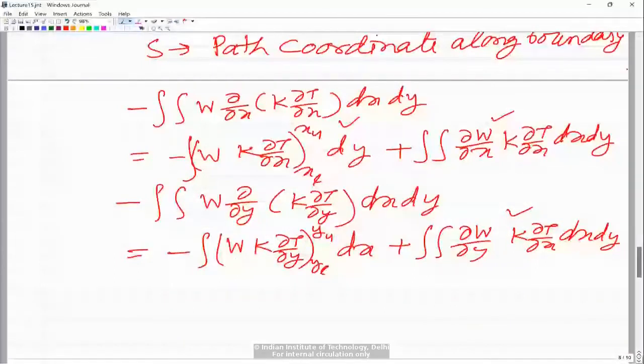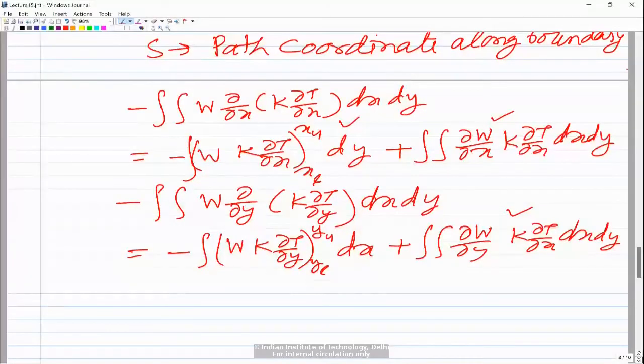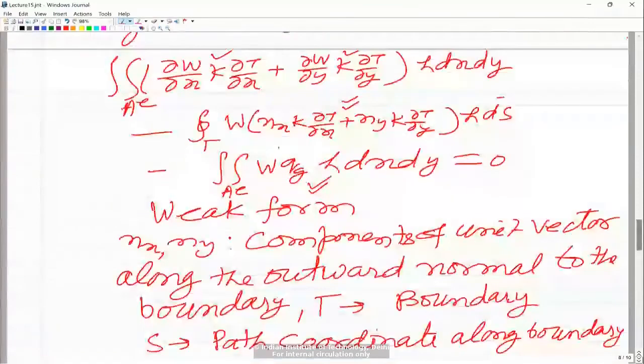So I have written dy as nx into ds, and similarly dx as ny into ds, and then we have nx into k into del t by del x plus ny into k into del t by del y, into w. This is to ultimately say that the boundary can be any arbitrary boundary.